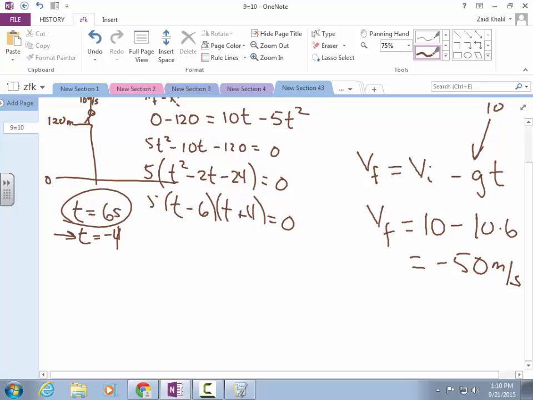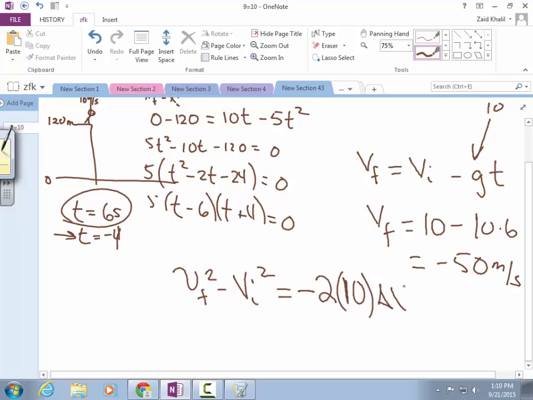Why? At the highest point, what is the instantaneous velocity? 0. So we have Vf squared minus Vi squared equals negative 2 times 10 times delta x.